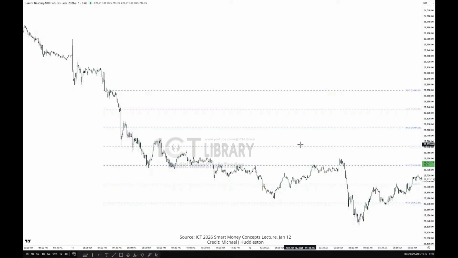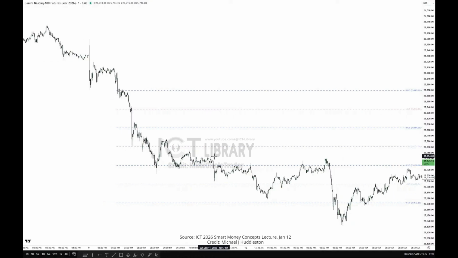So here is midpoint, upper quadrant, lower quadrant. So inside of the lower half, we're seeing that relative equal highs. Okay, you would look at it like this.